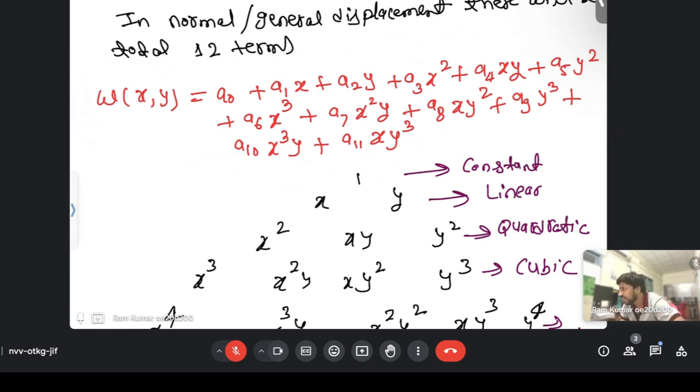Okay, this is all fine. How to find the shape function then? We have a very big derivation, but I will go directly to the formula because it will take so much time.